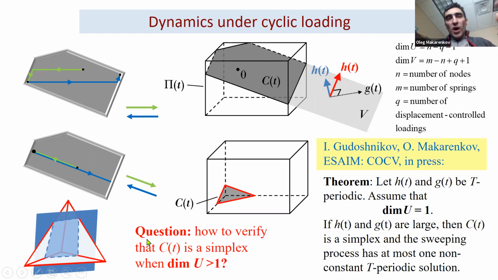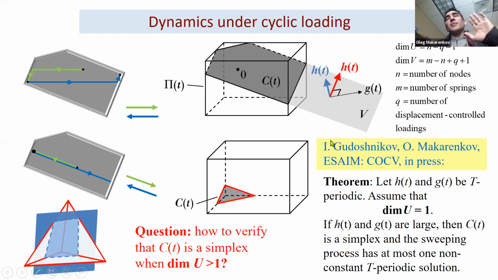One of the questions that we ran into, maybe just briefly to explain, I of course don't have time. Ultimately, one of the problems is that if we have higher codimension, codimension 2 for example, then we have a problem of intersection of a simplex with the plane.